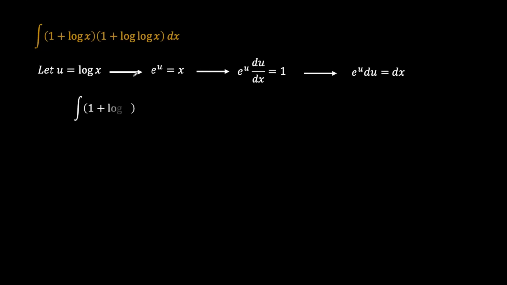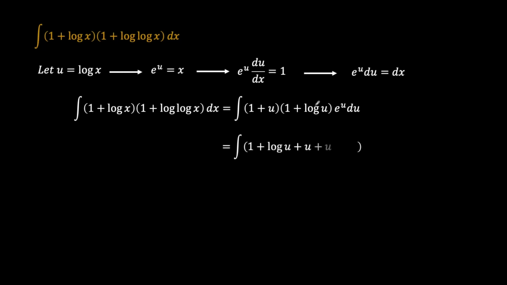So bringing in our problem now, where you see log x, we plug in u, and where you see dx, we plug in e to the power u du. So this is what we've done. For this log x, we put u. For this log x here, we put u. And then for dx, we put e to the power u du.